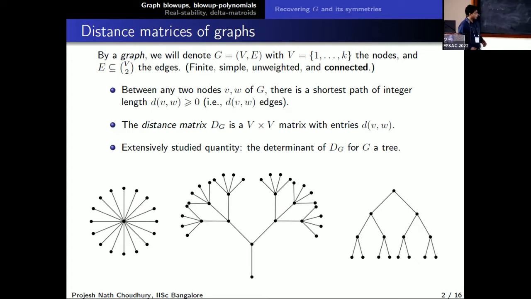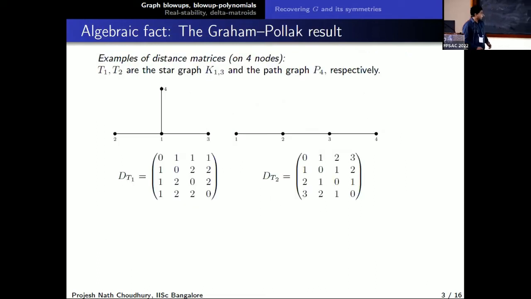The first one is algebraic, and to illustrate this, here is an example. Take two trees on the same number of vertices, which are clearly non-isomorphic. Now look at their distance matrices. Let us say for the first graph, vertex 1 is adjacent to 2, 3, 4. Obviously all the diagonal entries are 0, and the entries 1i are 1 for i equal to 2, 3, 4.